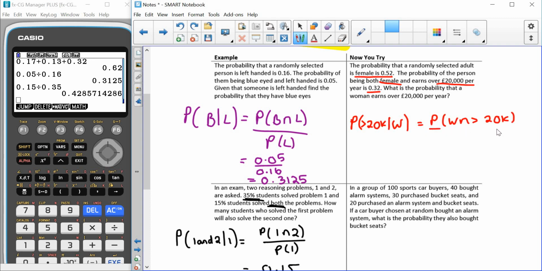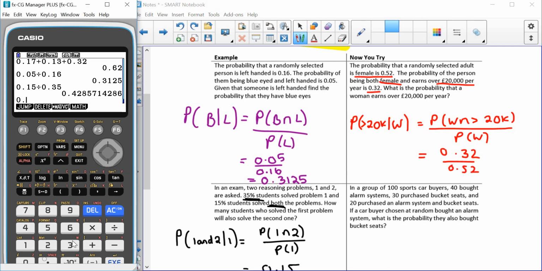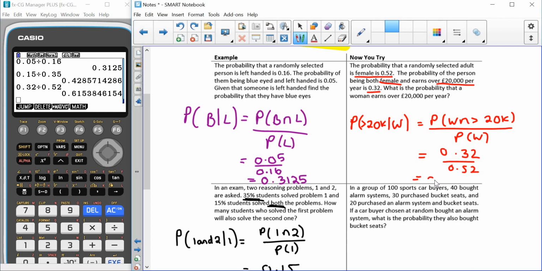And on the bottom, we're going to have just the probability that they are a woman, which gives us 0.32 over 0.52. So 0.32 divided by 0.52, which gives us 0.615 to 3 significant figures again.